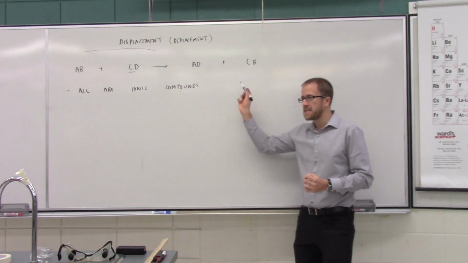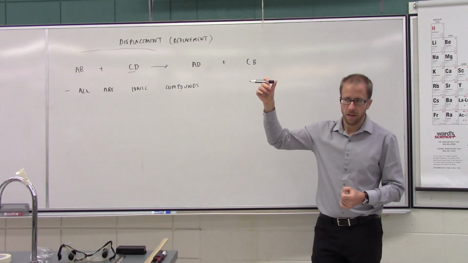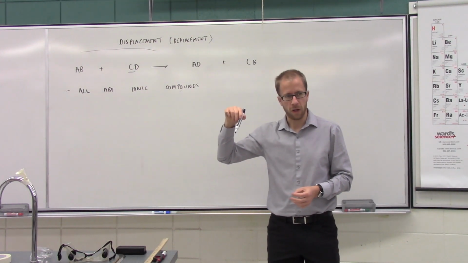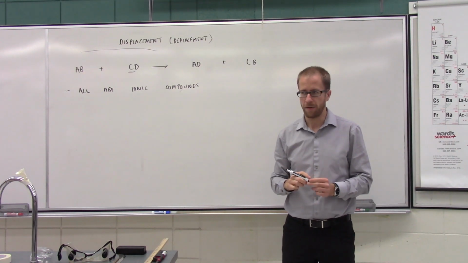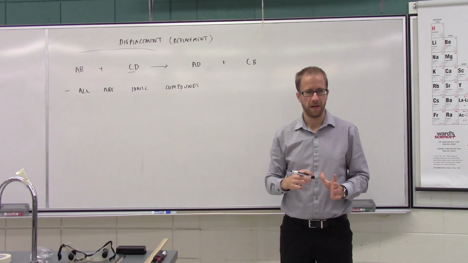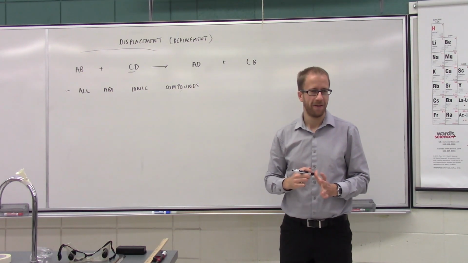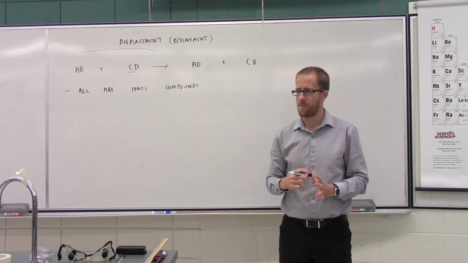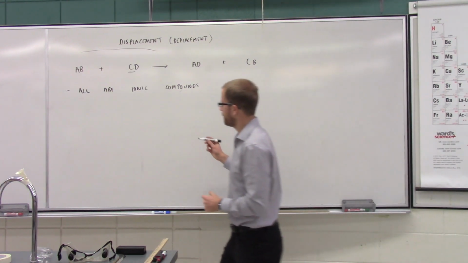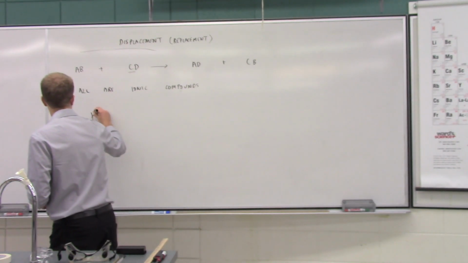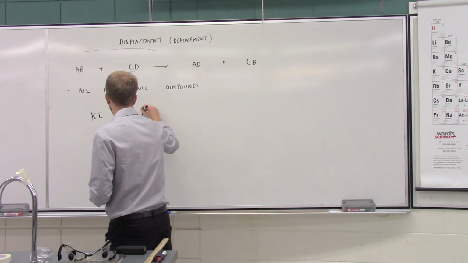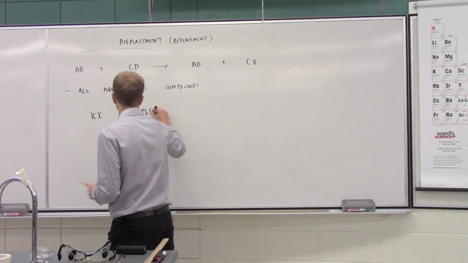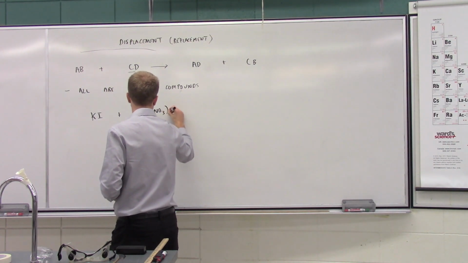Now, you've actually already seen a reaction like this. In your labs that you did for conservation of mass part 3, what did you react together? Do you remember? I know it was more than 3 days ago. Potassium iodide and lead(II) nitrate.